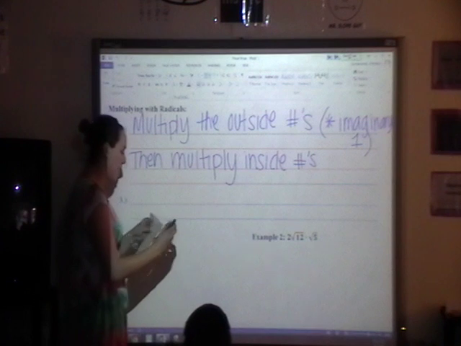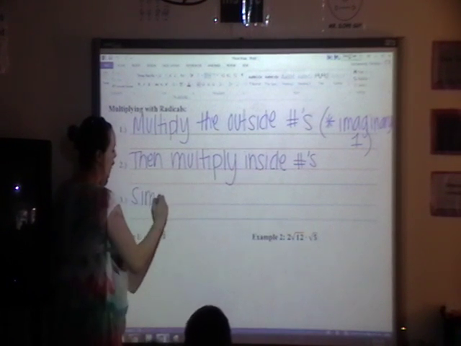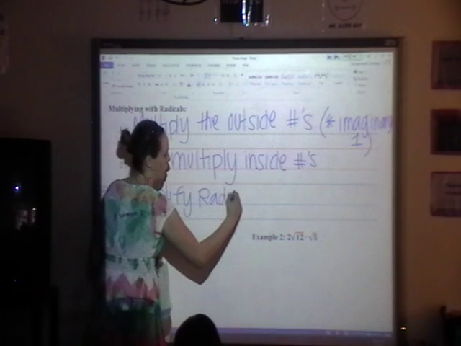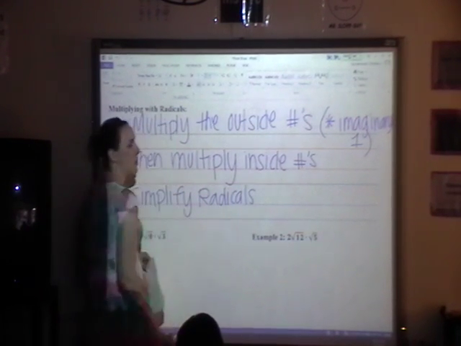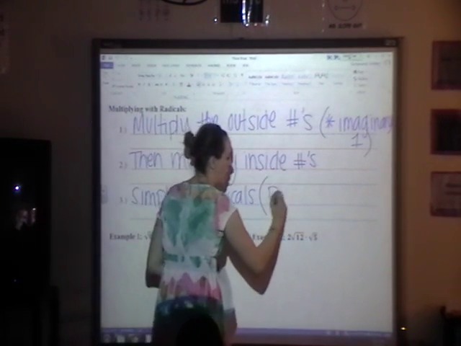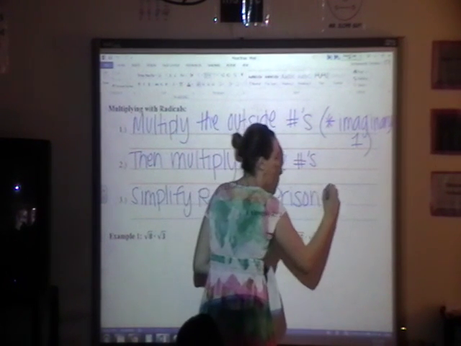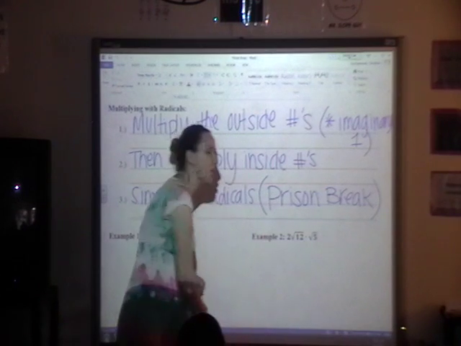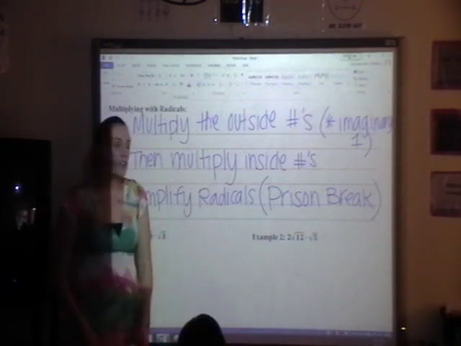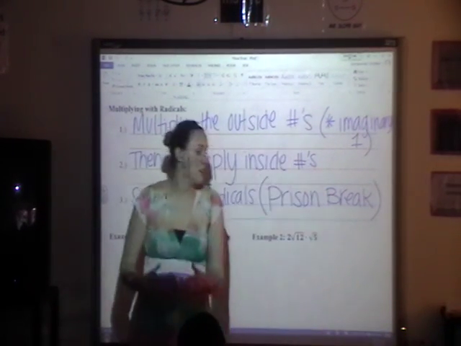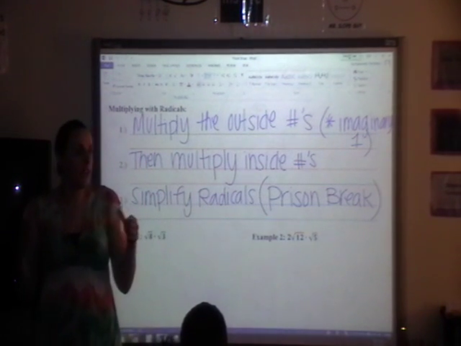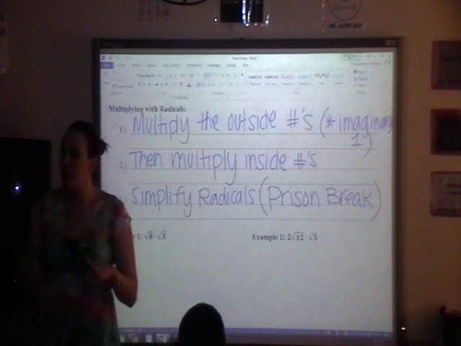And then your last step: simplify radicals, which is ultimately what we were just doing, prison break. You always have to simplify radicals. So ultimately, when you multiply radicals, it's a 2-part problem. You gotta do the multiplication, and then you can simplify the radicals.